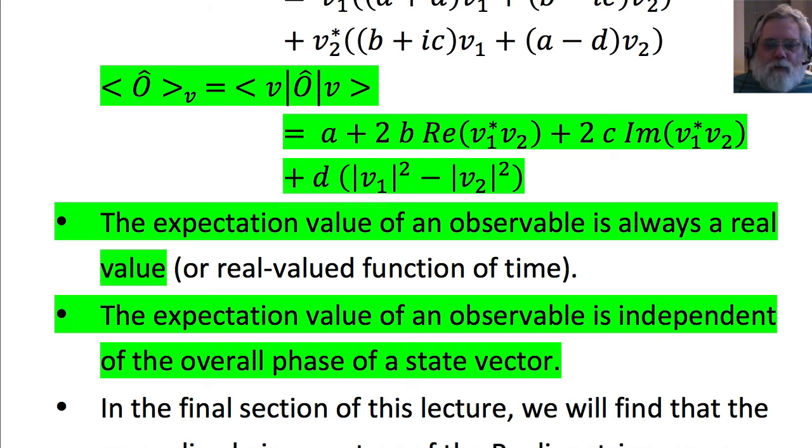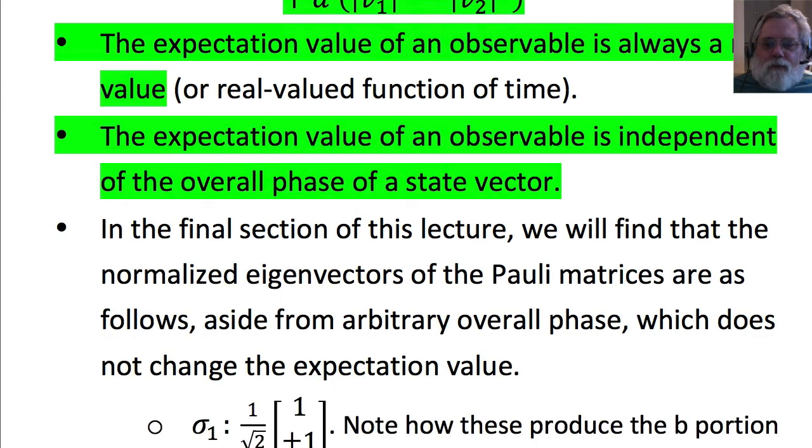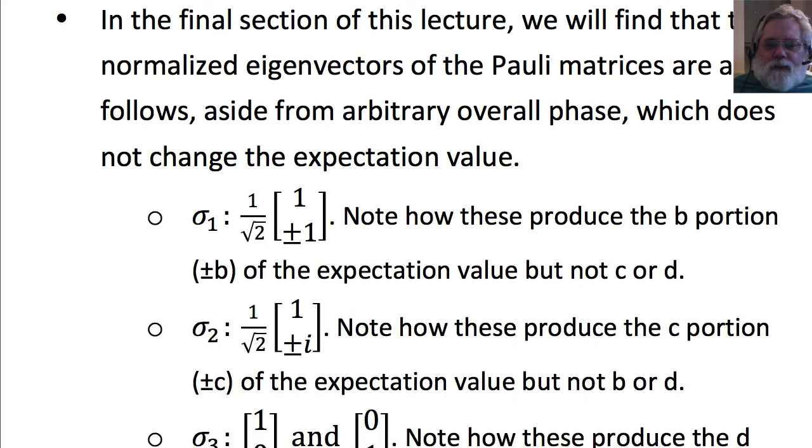So overall phases do not affect expectation values. In the final section of this lecture, we're going to find that the normalized eigenvectors of the Pauli matrices are as follows, aside from an arbitrary overall phase, which we just said does not change the expectation value.